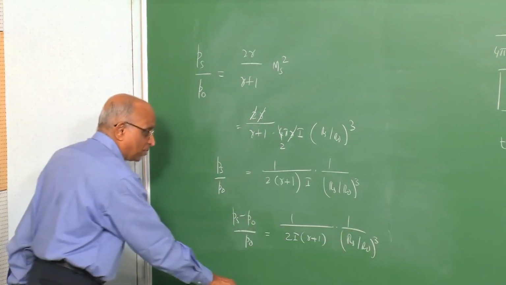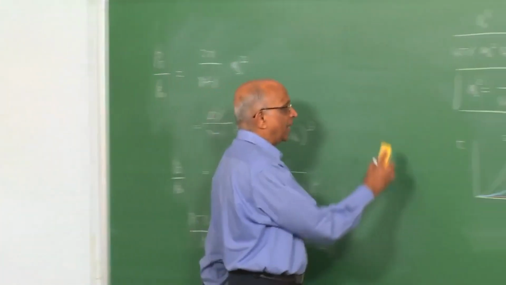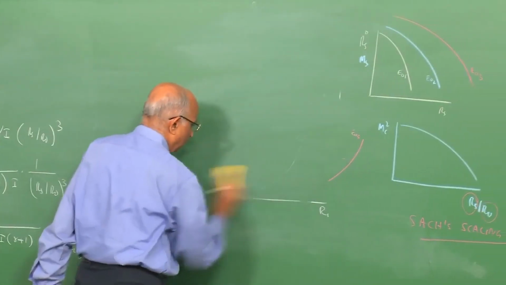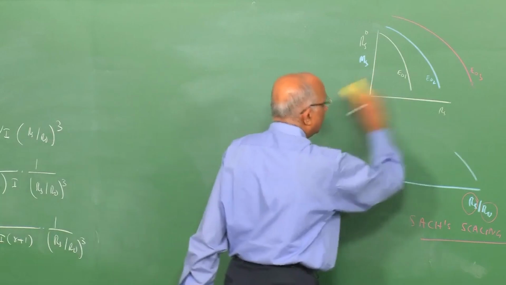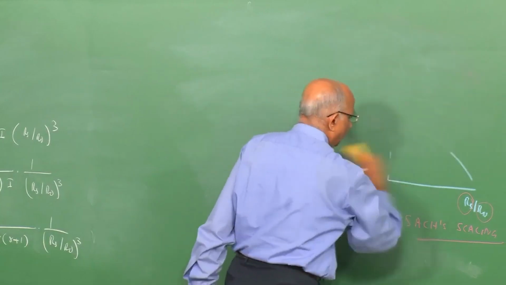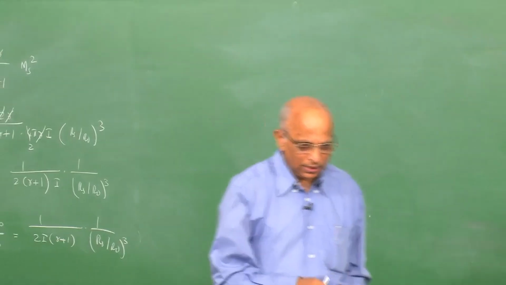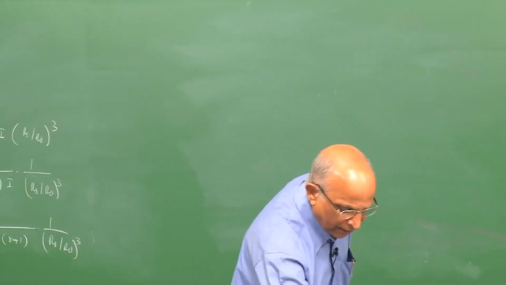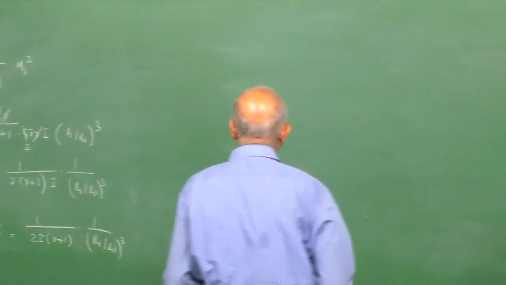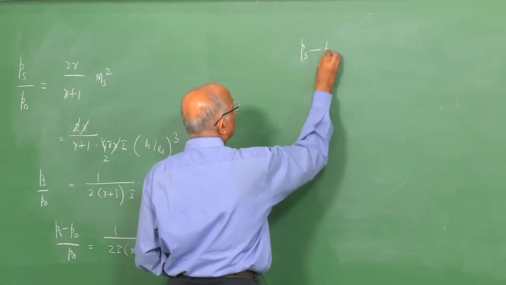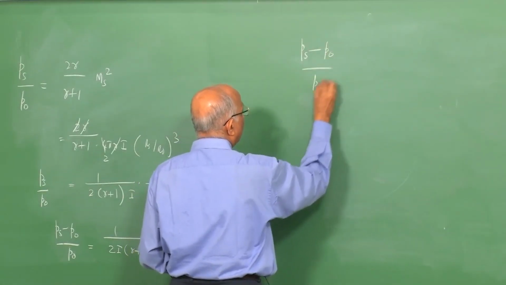Let us take a look at this particular expression and see whether we can interpret how the overpressure behaves with distance. We will substitute the values. We get Ps minus P 0 divided by P 0.